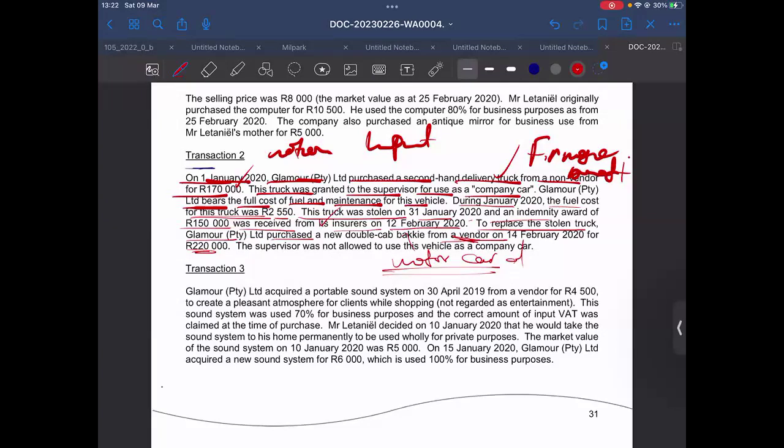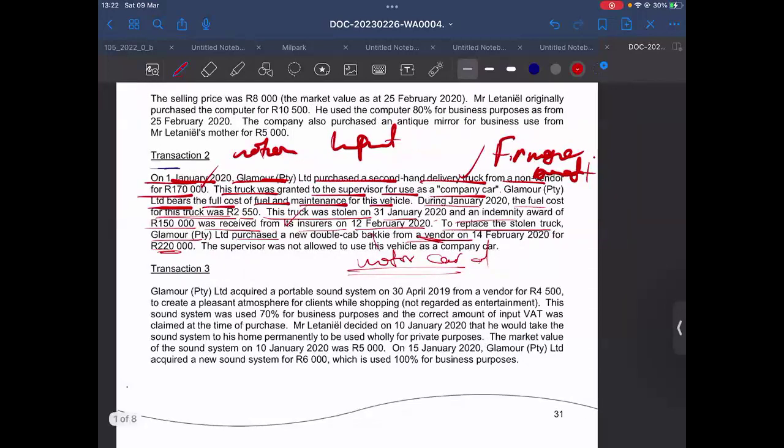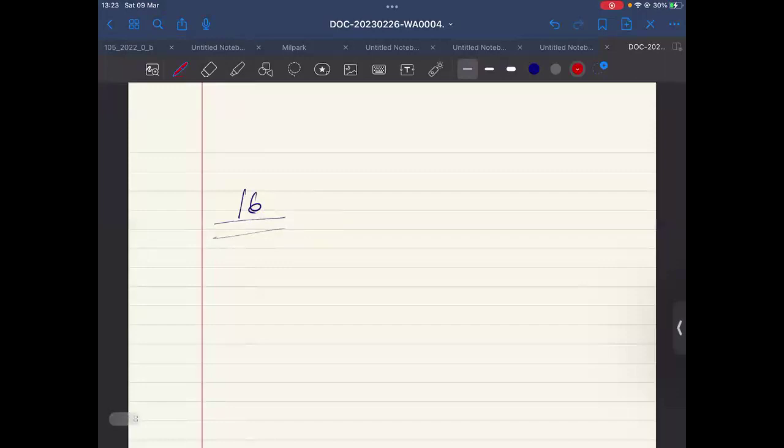If they purchased a single cab, we were going to claim input VAT. Why? Because a single cab is not a motor car as defined. On a motor car, input VAT is denied because it is treated as a luxury vehicle. Right, we have all the basics. Now we can answer our question.